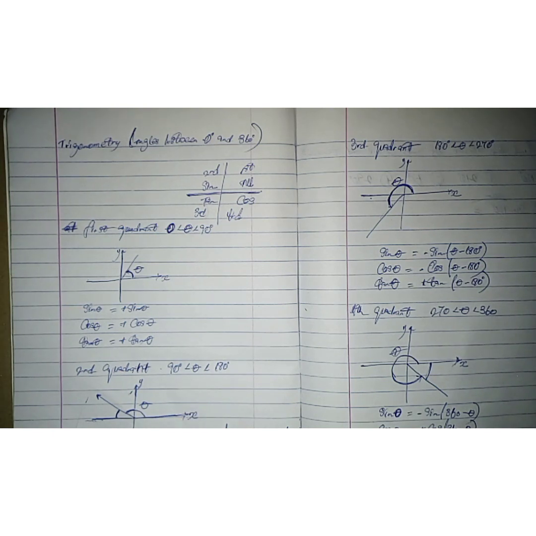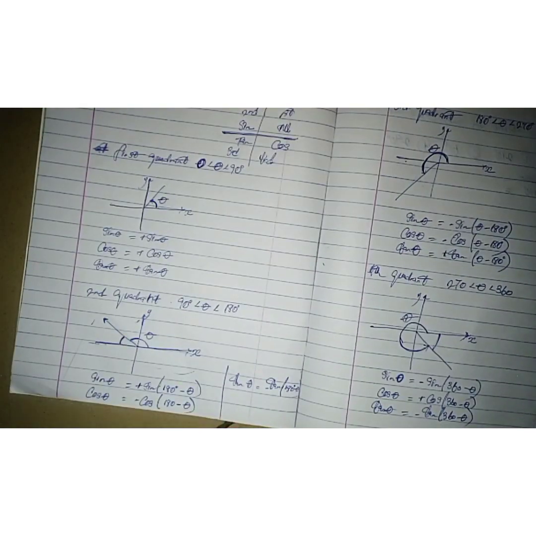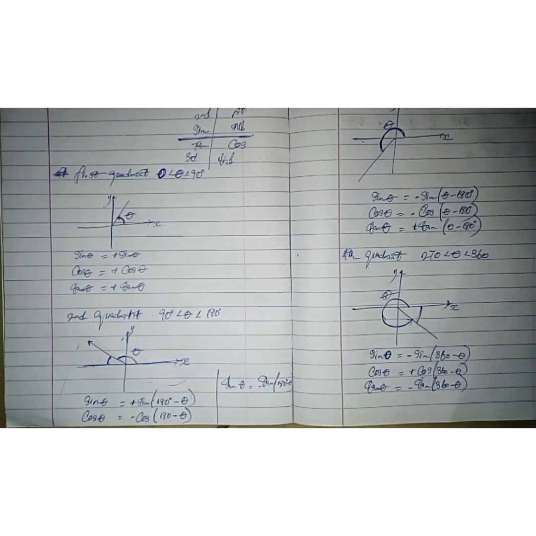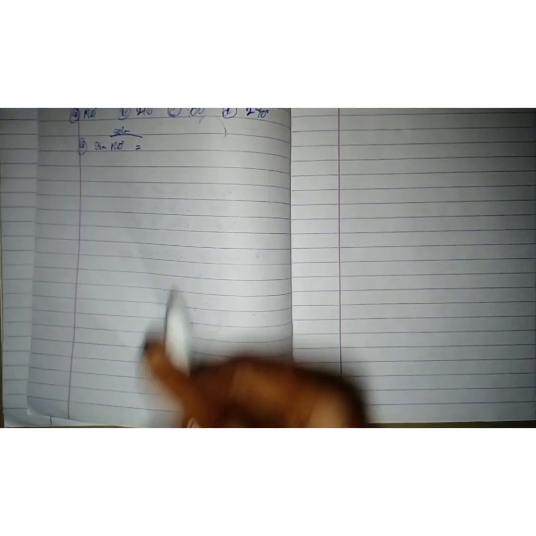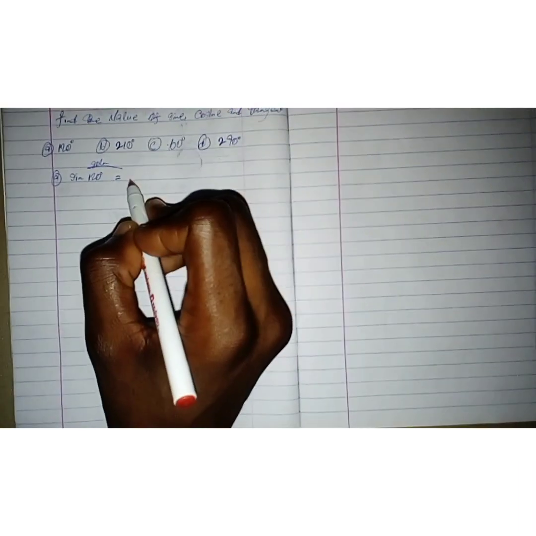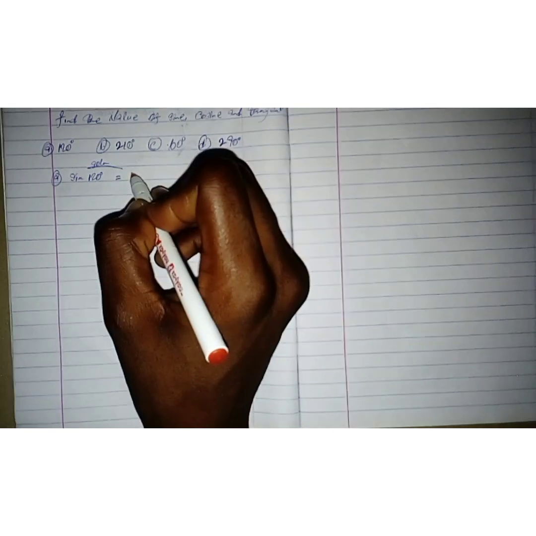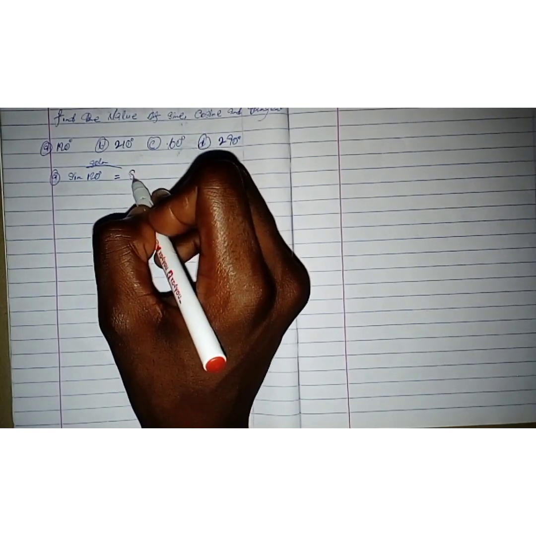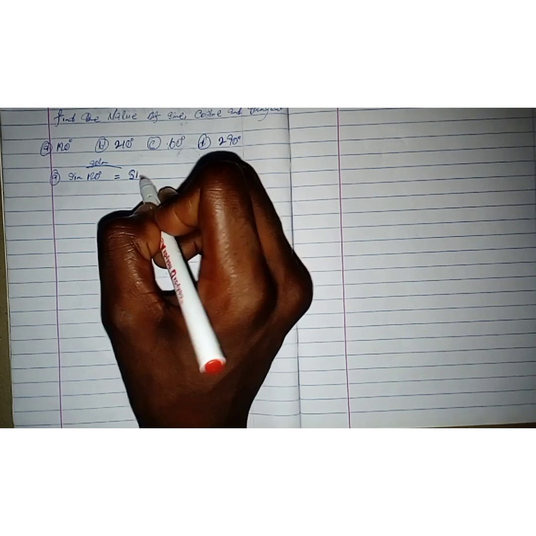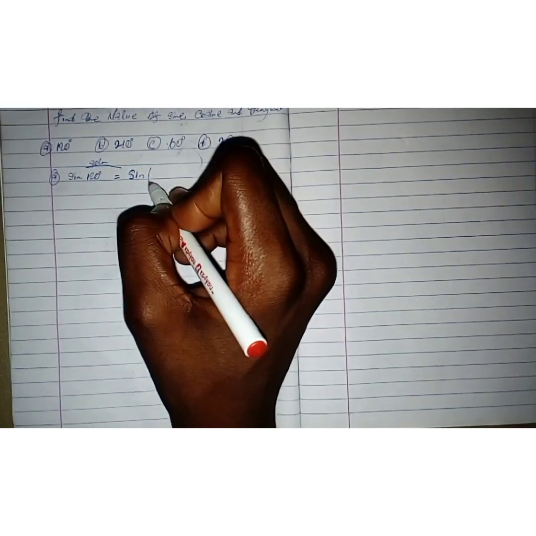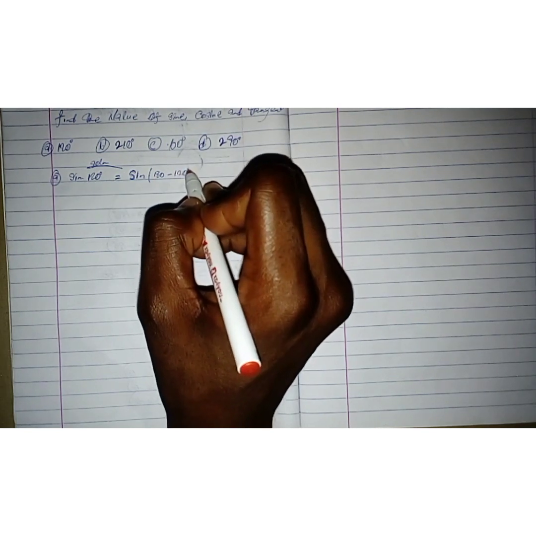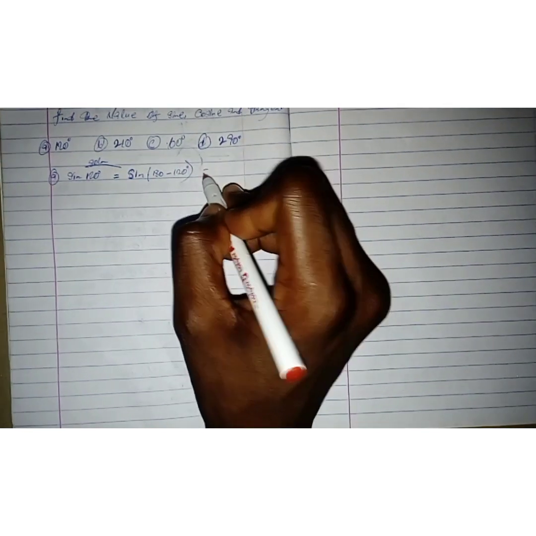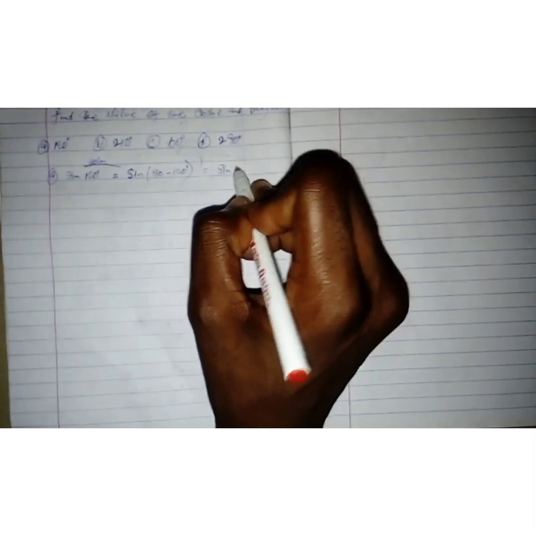So you should know that sine theta should be equal to positive sine of 180 minus theta. So if you have 120, it should be equal to sine of 180 minus 120 degrees, and this is equal to sine 60 degrees.